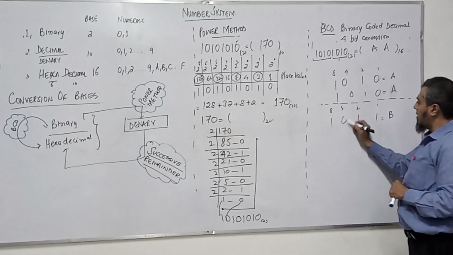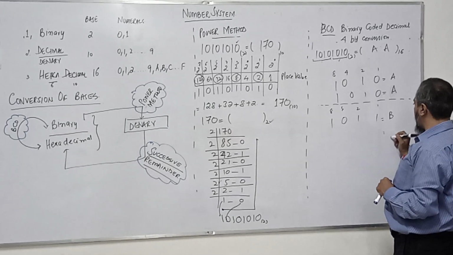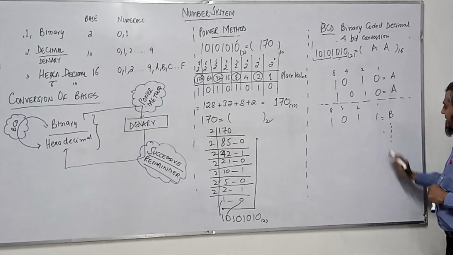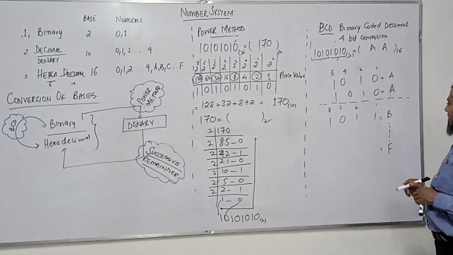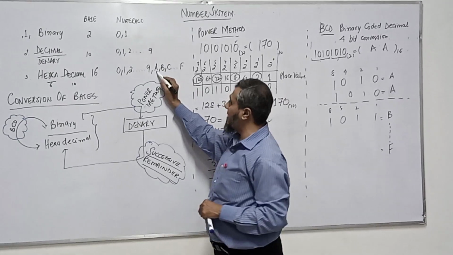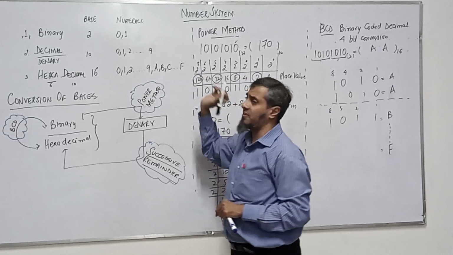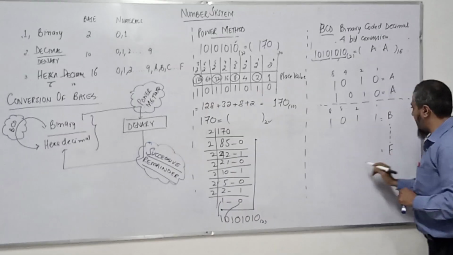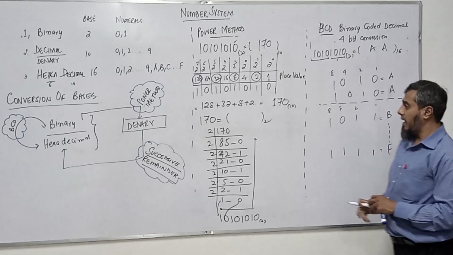So this is how we can represent B. And if you talk about C and so on, the same is the case. You just keep turning on the bits. And for the last one, I'm talking about F. F has the value 15, if A has the value 10, then 11, 12, 13, 14, and 15. So I'll turn on all the bits. It will be equal to F.